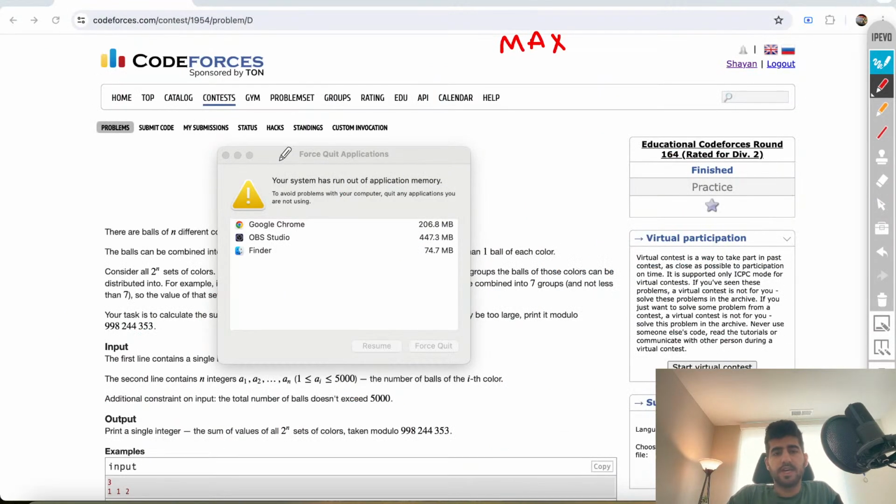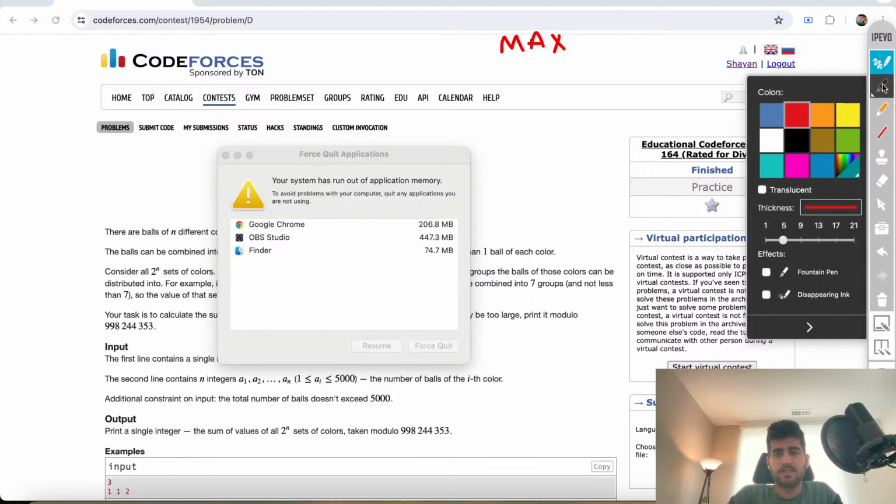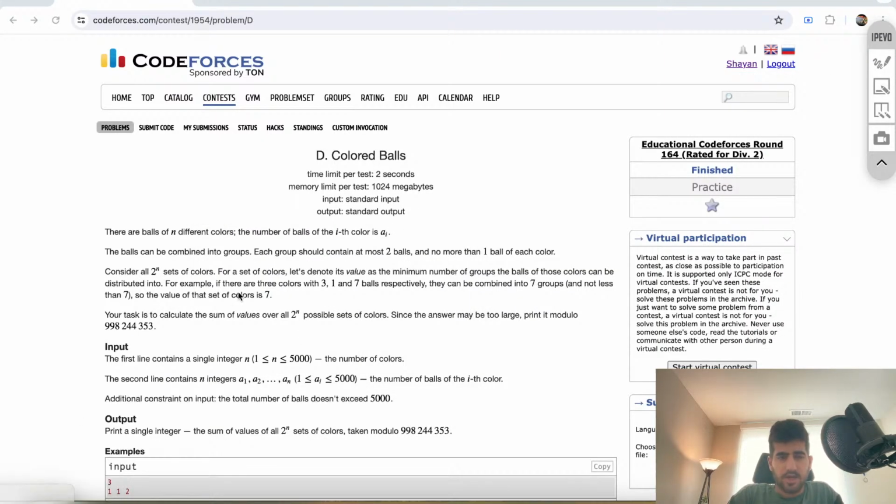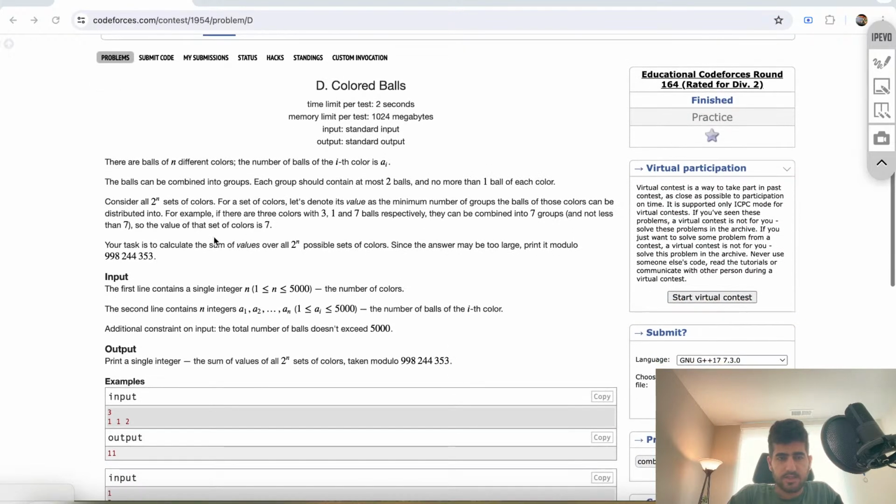So if it is okay, I can just say that for all 2 to the power of n sets of colors, I want to find this number. So the main thing is that we want to find this out for all the sets of colors, right?